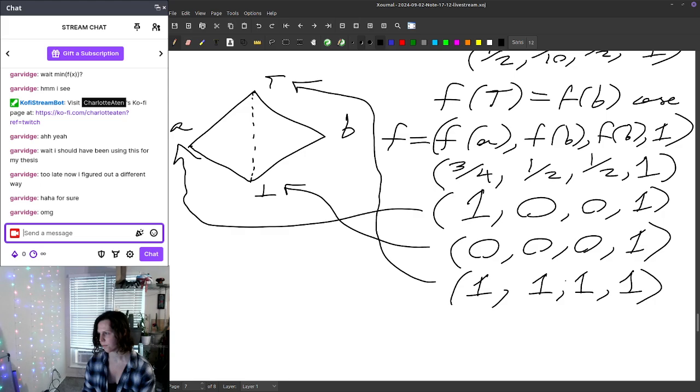Because this is always just going to be 1, but maybe if you just ignore this last component, you could think about this point as perhaps this combined with this.